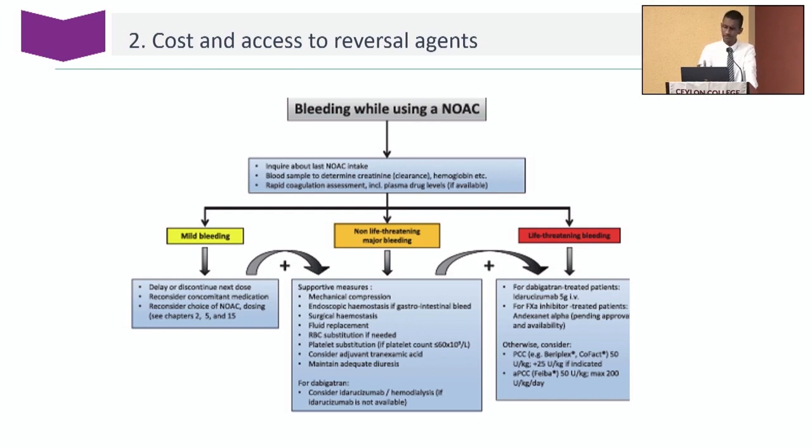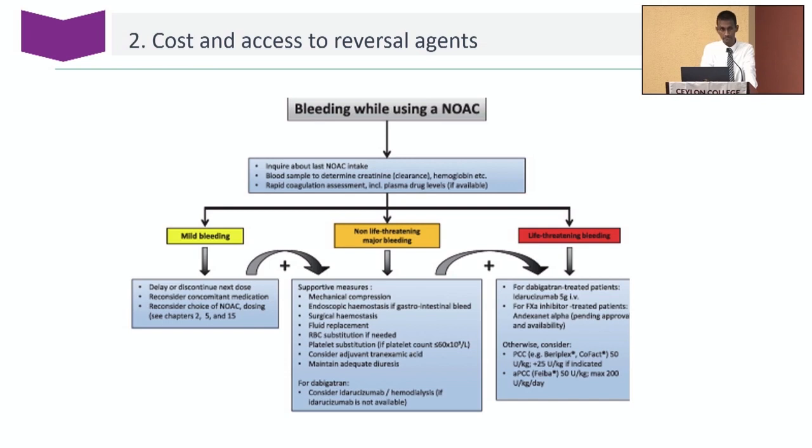So you really need to support the patient for those 6 hours or 10 hours where the drug is going to be effective. Take a blood sample to see the hemoglobin and the creatinine clearance, and calculate it and see, depending on the patient's creatinine clearance and the last time the patient took the drug, how long it is going to be there. If it's a mild bleed, you just have to monitor the patient and stop the drug.